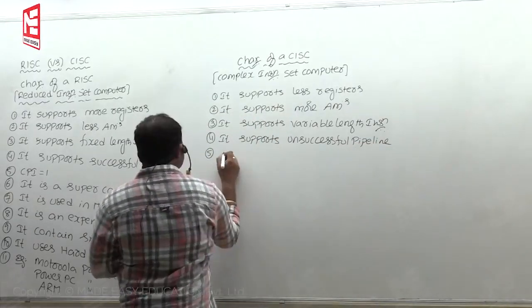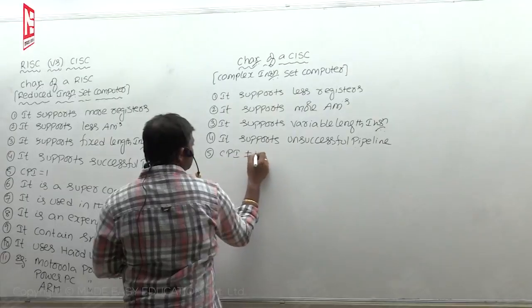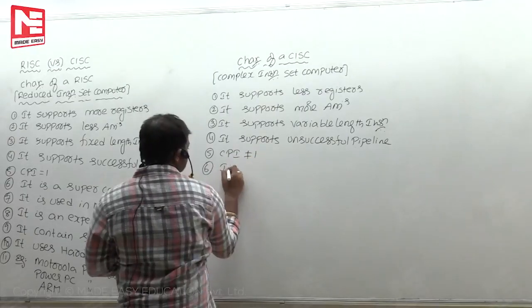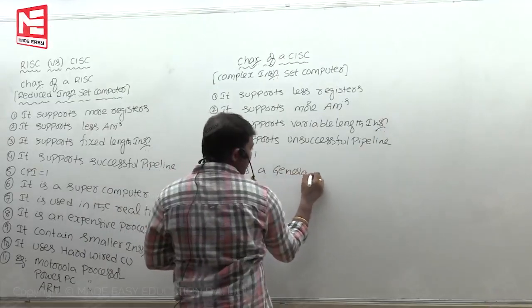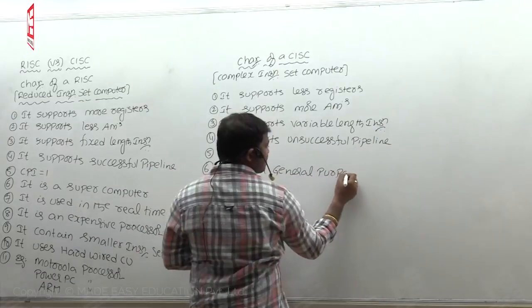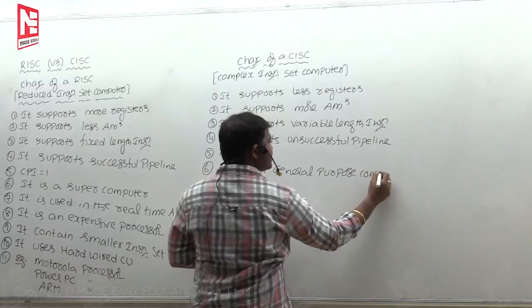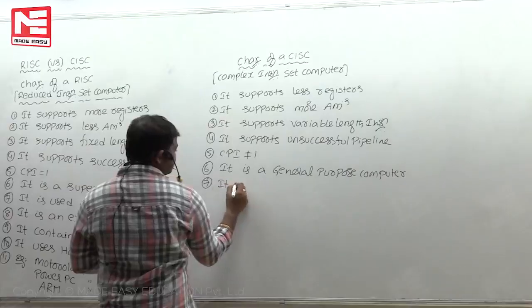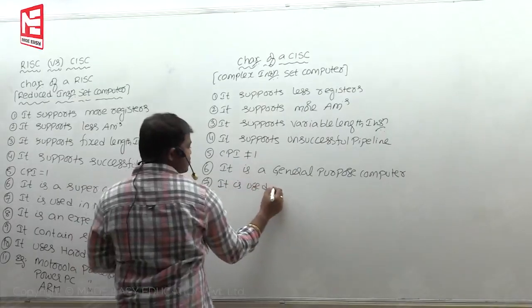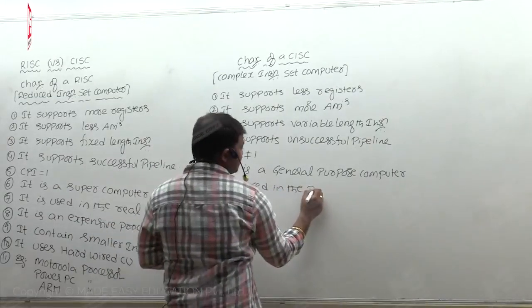Next, CPI not equal to 1. Next, it is a general purpose computer. Next, it is used in personal applications.